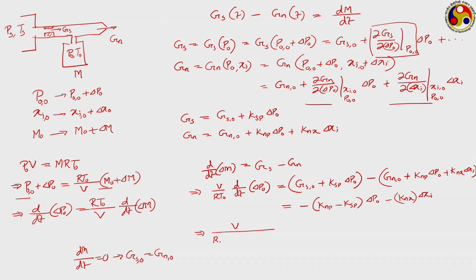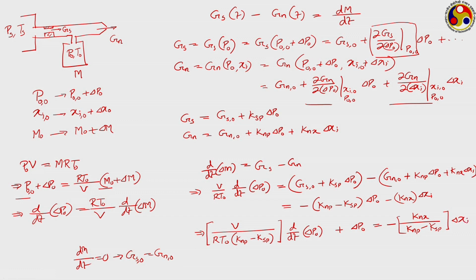Or if we rearrange this a bit, then we have V by R T0 into k n p minus k s p into d dt of delta P0 plus delta P0 is equal to minus of k n x by k n p minus k n k s p into delta x I. Now, how is this equation looking?